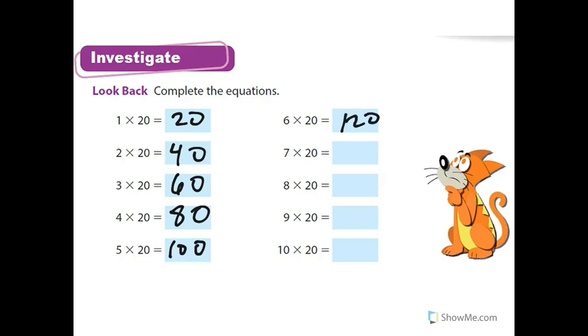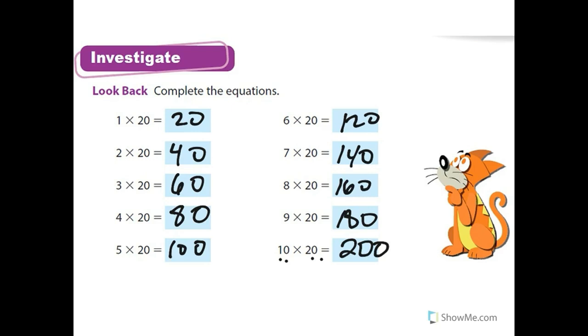Add the 0. 7 times 2 is 14. Add the 0. 8 times 2 is 16, and add the 0. 9 times 2 is 18. Add the 0. 1 times 2 again is 2, or 10 times 2 is 20, and add the 0. Right? Or we can do 1 times 2 is 2, and add the 2 zeros.